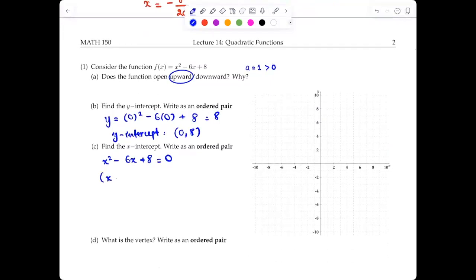So you get (x minus 4)(x minus 2) equal to 0. So there are two solutions, or two x-intercepts: x equal to 2, x equal to 4. And you conclude that the x-intercepts are (2, 0) and (4, 0).